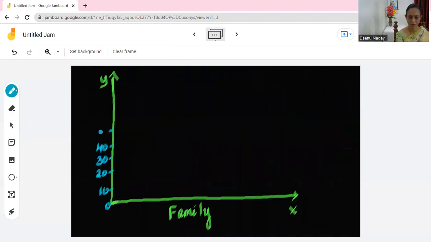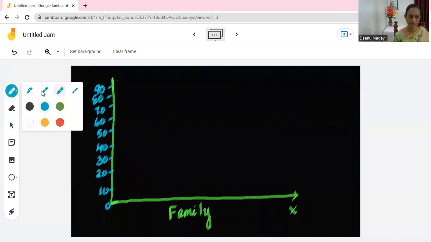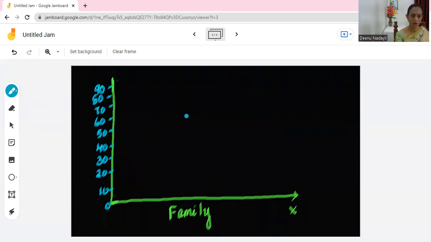It's a percentage bar diagram, so we need 60, 70, 80, 90, and then 100. We can make that 100 on the top, somewhere here.